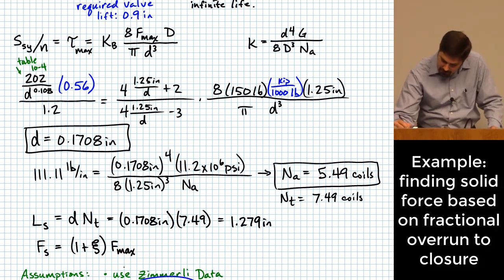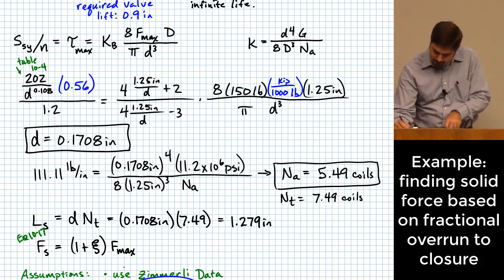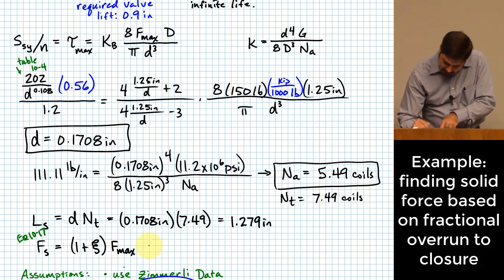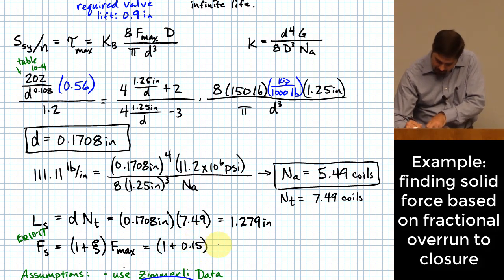So this comes from equation 10.17. And we happen to know that we want the fractional overrun to closure to be 0.15, and we want my maximum force to be 150 pounds.